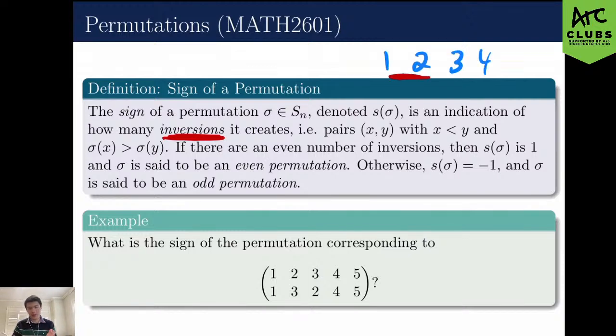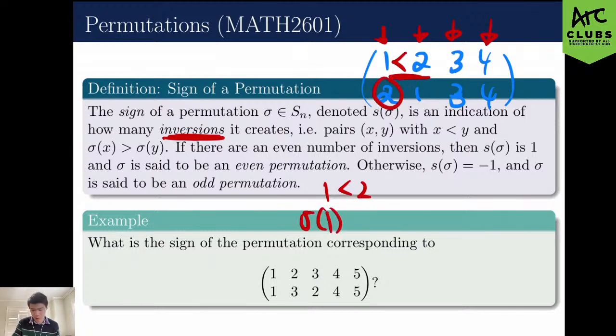Initially they're in a certain order. So 1 comes first, then we have 2, then we have 3, and so on. But what an inversion is in the permutation, let's just say we have the matrix 2, 1, 3, 4. Hopefully by now we understand that this matrix would just be the permutation that swaps 1 and 2. There's actually an inversion here because 1 is before 2, so we write 1 < 2, but sigma(1) is actually equal to 2, whereas sigma(2) is equal to 1.